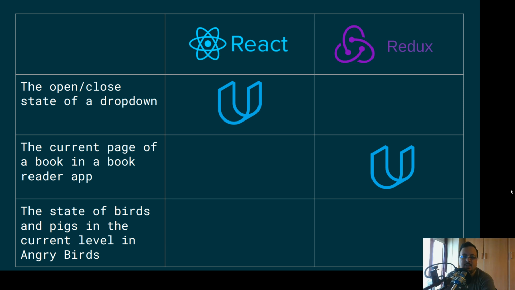And the last part of this example, the state of birds and pigs in the current level in Angry Birds. This is different because every time the score is changing, the birds that appear, the pigs, where they are, it's a very dynamic state. It's changing all the time, and when you close it, it just disappears.